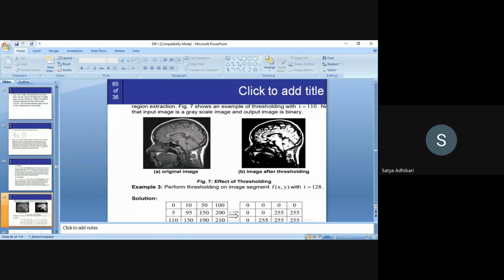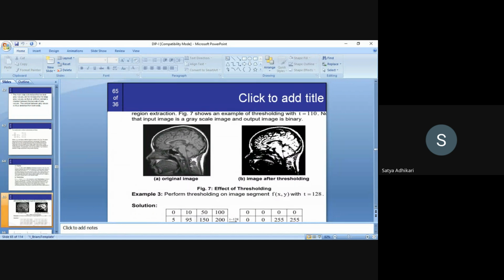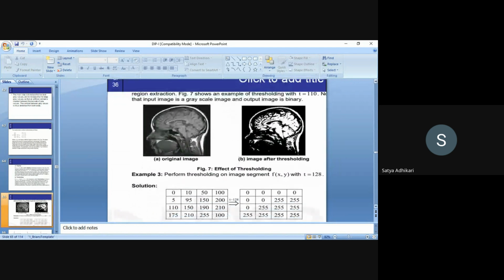Here you see the original image and its f(x,y) in matrix form: 0, 10, 50, 100, 5, 95, 150, 200, 110, 150, 190, 210, 175, 210, 255, 100.